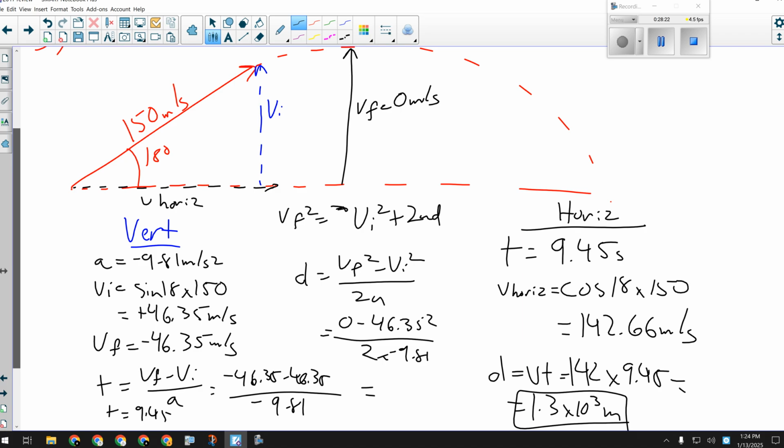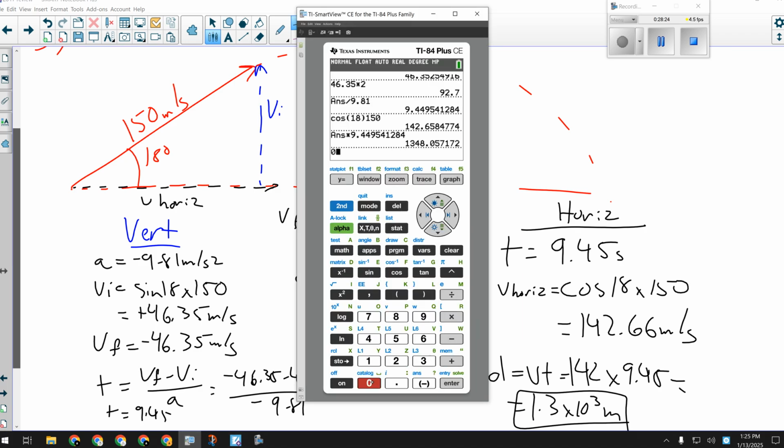Okay, so if we do that, 0 minus that number squared, divided by negative 9.81. All right, so the maximum height's going to be 2.2 times 10 to the 2 meters.